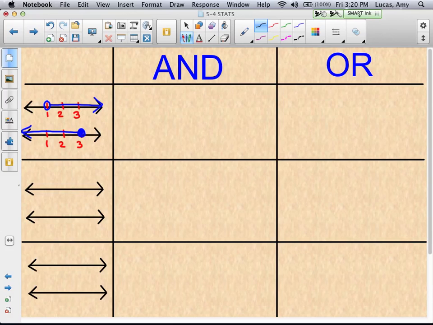Well, the word and is an intersection, so I'm looking for what they have in common or for where they overlap. So intersect or overlap. I notice that my two graphs overlap starting at the 1 but ending at the 3, so they overlap in an interval from 1 to 3.